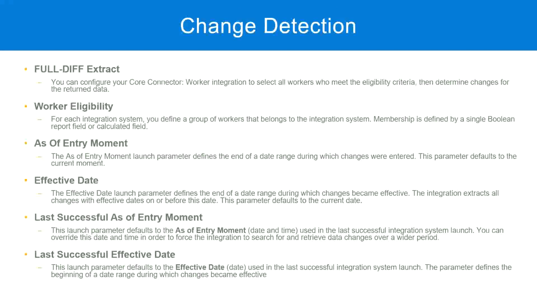Then comes a very, very important combination of 4 dates. Now, it is very important that we understand this, because this is key to understanding our overall change detection method. We have 4 date fields.